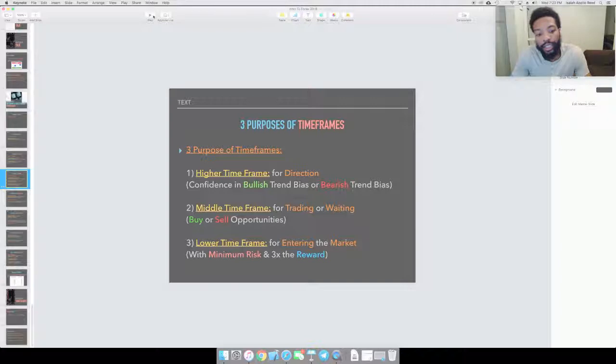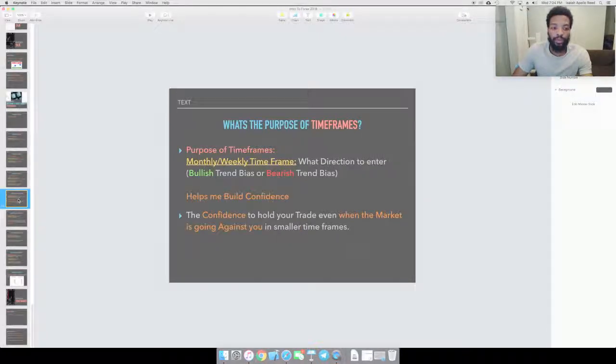And last but not least, the third time frame should be your lower time frame for entering the market with minimum risk and 3 times the reward. So let's look to see how that looks when I show you guys the time frames that I use.